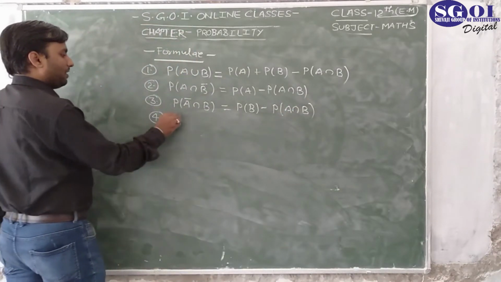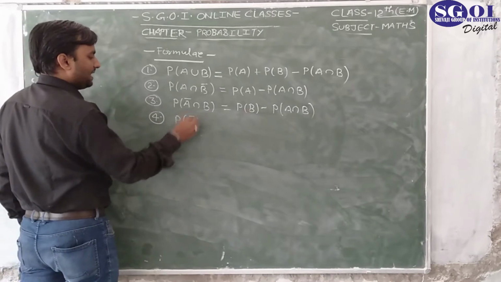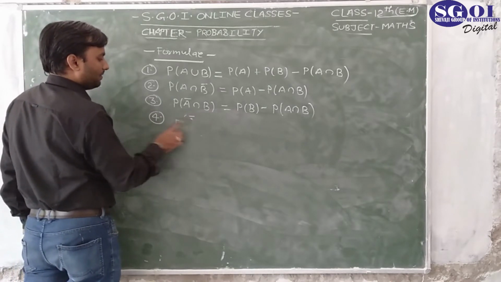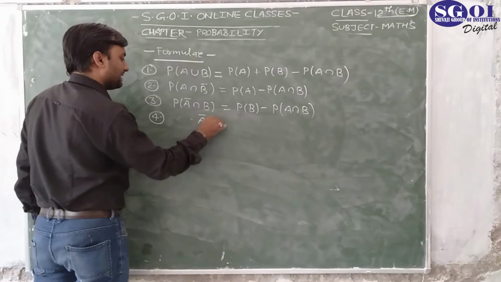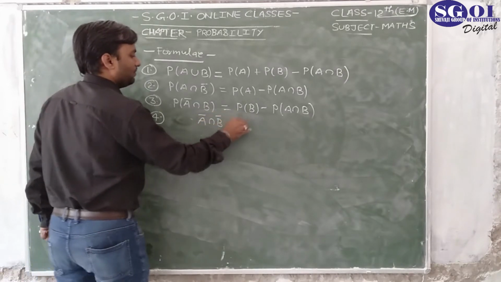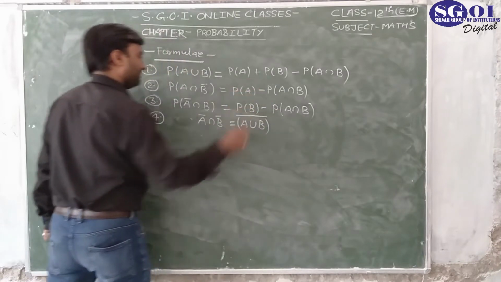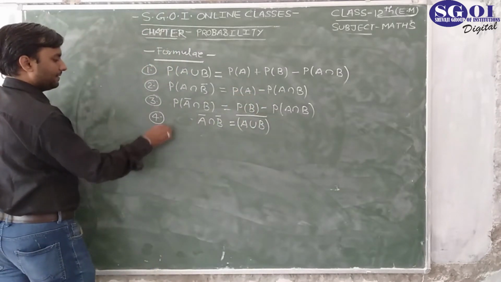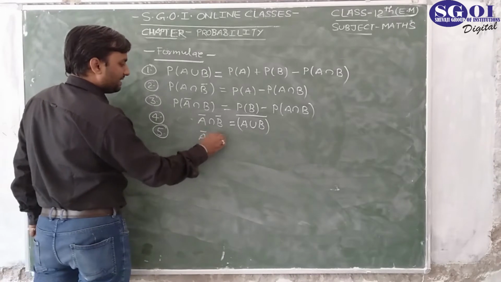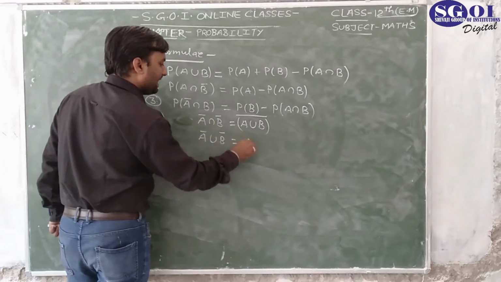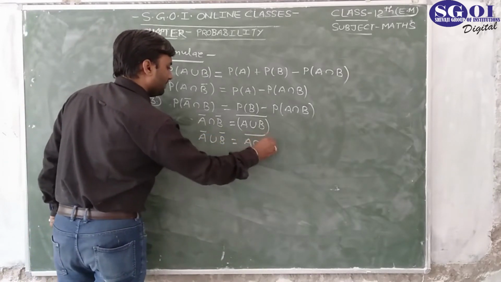Fourth, probability of A bar intersection B bar is equal to A union B whole bar. Fifth, A bar union B bar is equal to A intersection B whole bar.